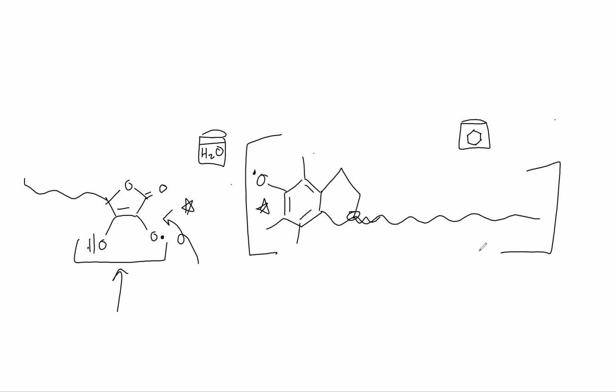And as a result, it won't work in an aqueous environment, but it will work in a non-polar organic environment. So that's why all of those are shown on the slide in the notes, because certain radical inhibitors can only be used in certain situations because of their chemical makeup.